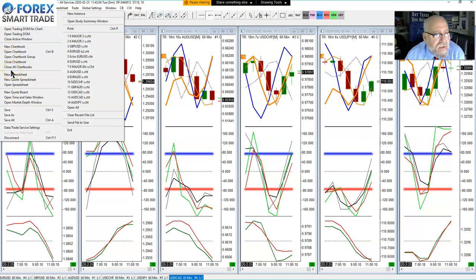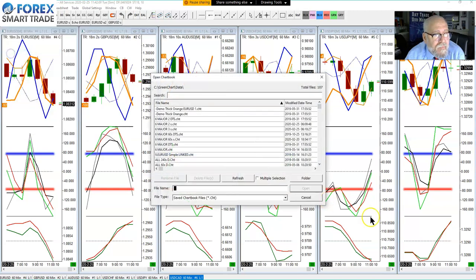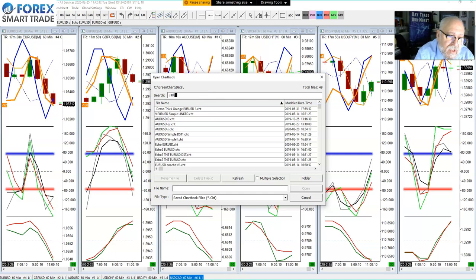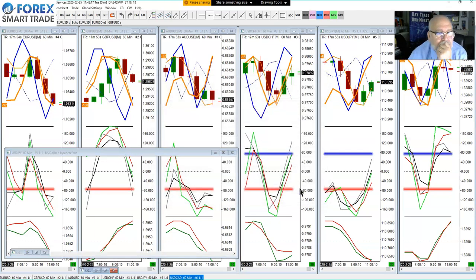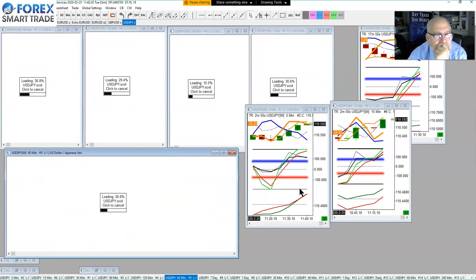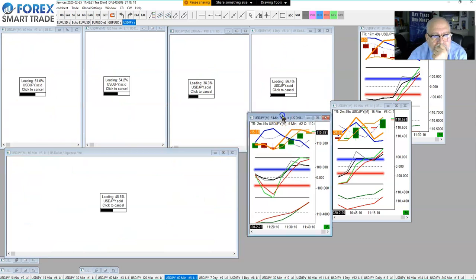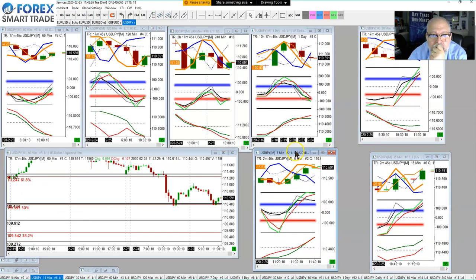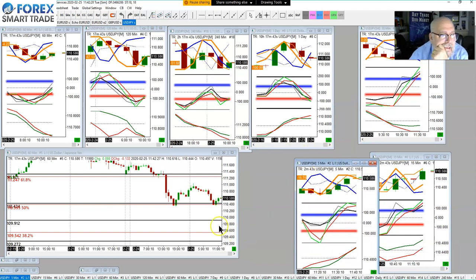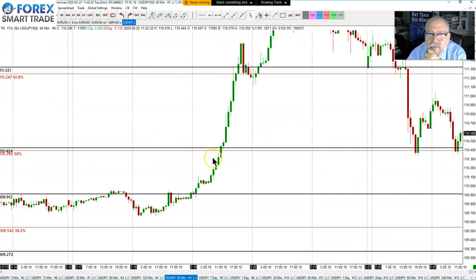So let's see if we can find that. USD JPY. The first thing I want to take a look at is my support and resistance.